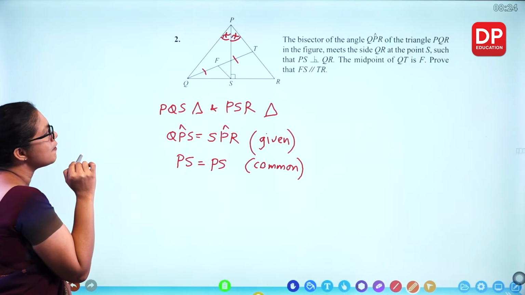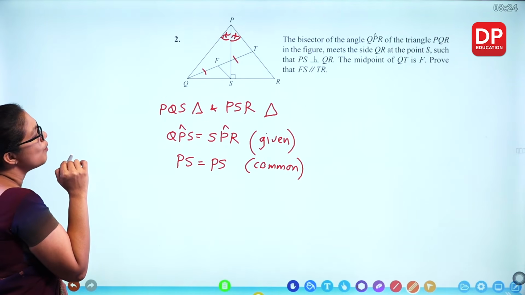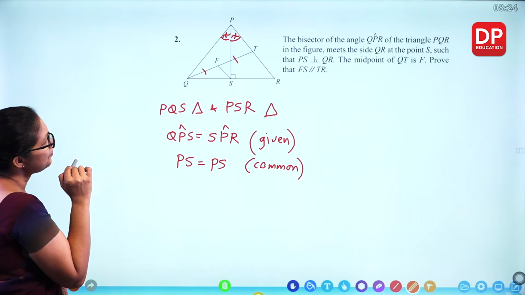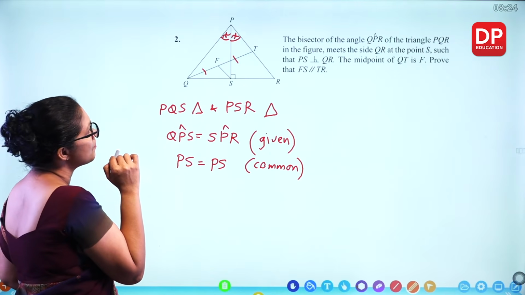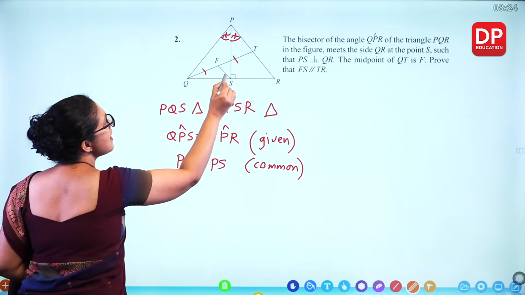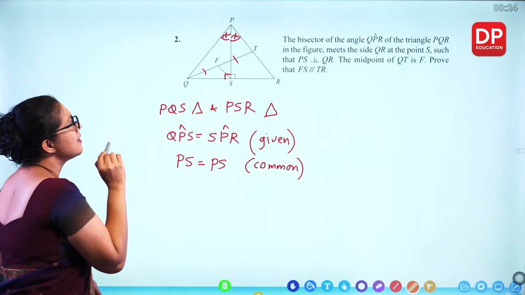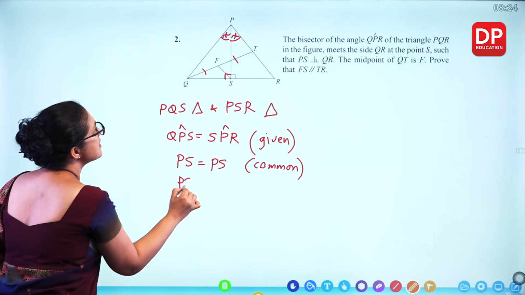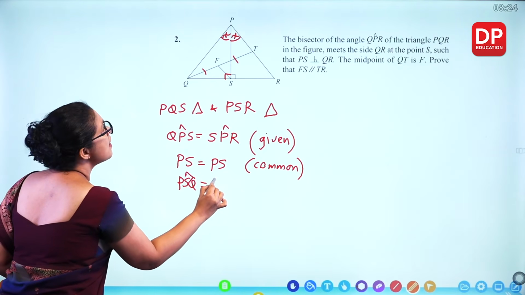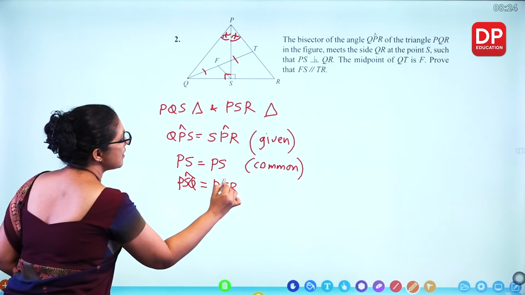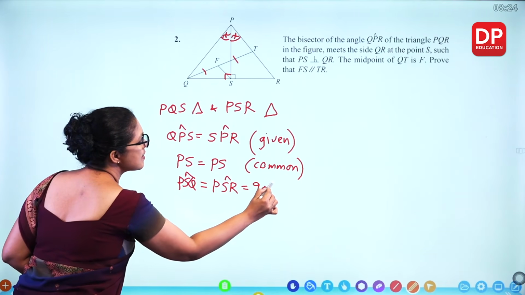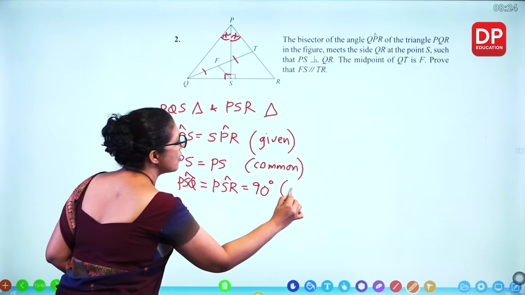Then what else do we know? We know that this angle is 90, PSQ angle, PSR angle is 90 degrees. That's also given.